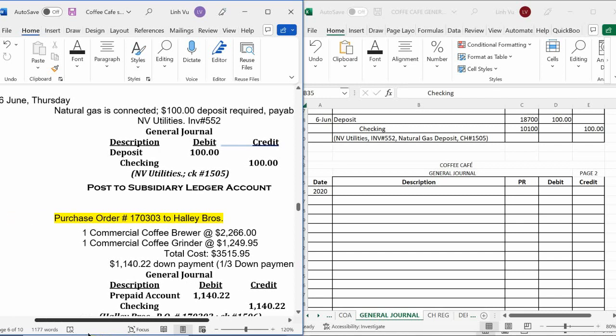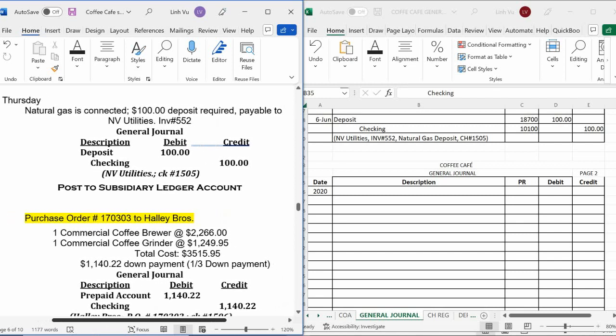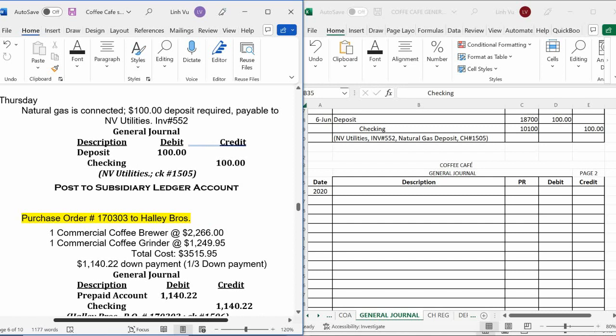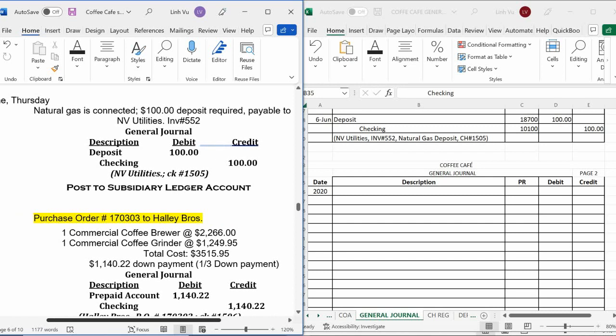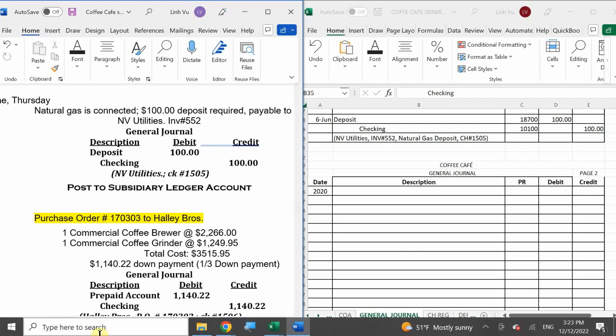And we're going to order one commercial coffee grinder for $1,249.95. So in this case, total cost is $3,515.95. A third down payment is required. So in this case, we're going to be cutting a check for $1,140.22 down payment. And it's going to be sent directly to Hallie Bros.